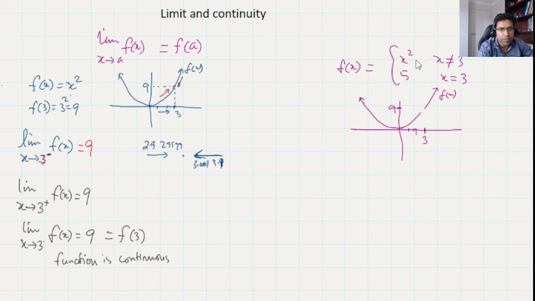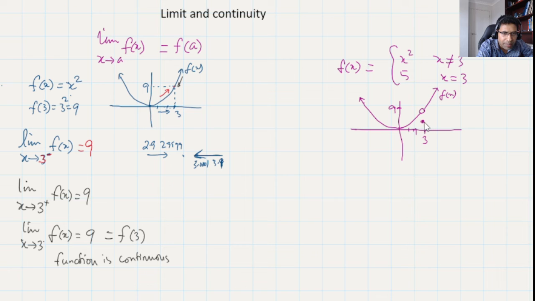As per our previous calculations, when x equal to 3 it would be 9, but the graph does not exist at x equal to 3, so it would be a blank here. When x equal to 3, this function shows 3 square, which is 9, but the given function says when x equal to 3 it is 5, so your value would not be 9, it's here.